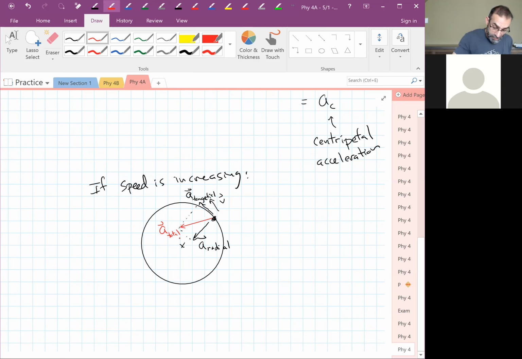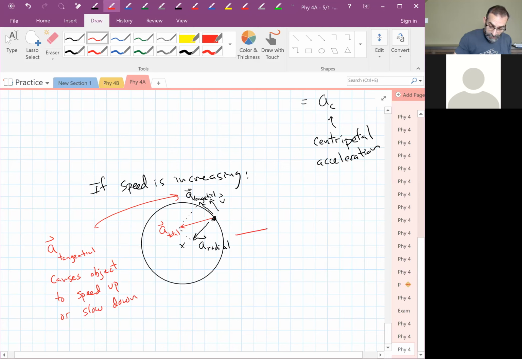Let me write that out here. So this one, a tangential, causes the object to speed up or slow down.